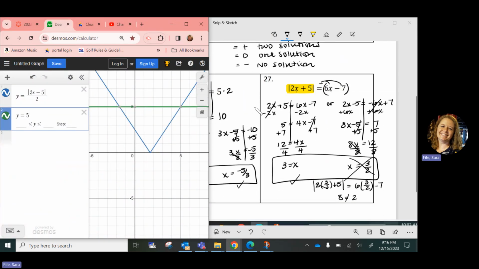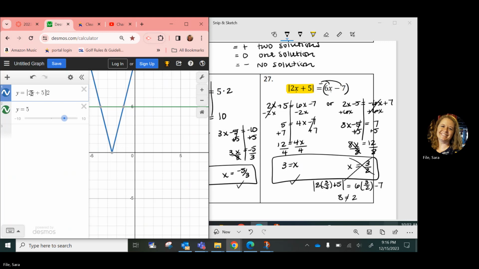Okay, so for 27, we've got 2x plus 5 on the left, and on the right, we've got 6x minus 7.